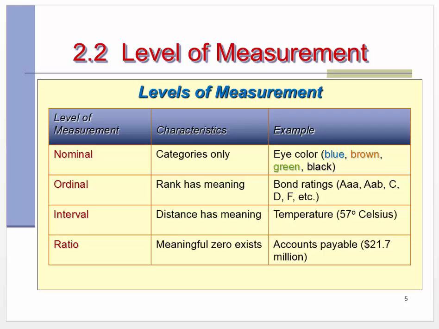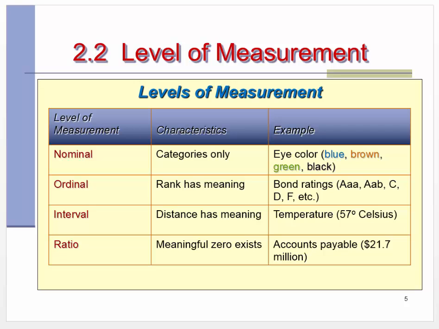A higher level of measurement is ordinal, when the rank order has meanings. A good example is bond rating, where we rate the bonds issued by government entities or corporations as having ratings such as AAA, AAB, C, or D, etc.